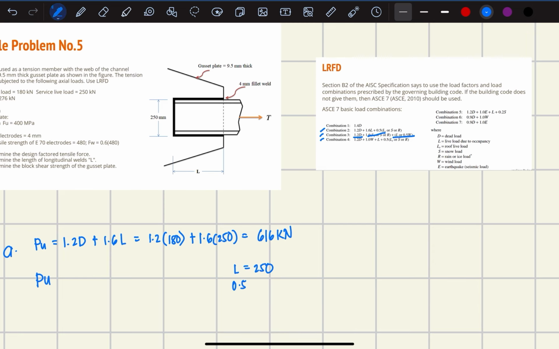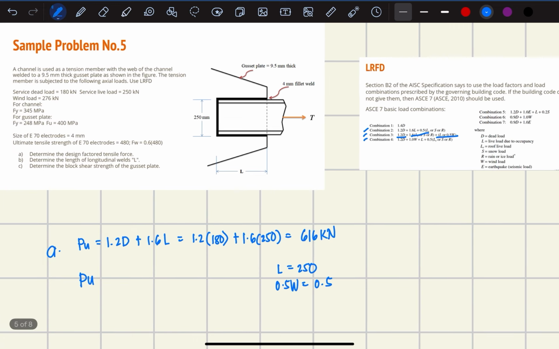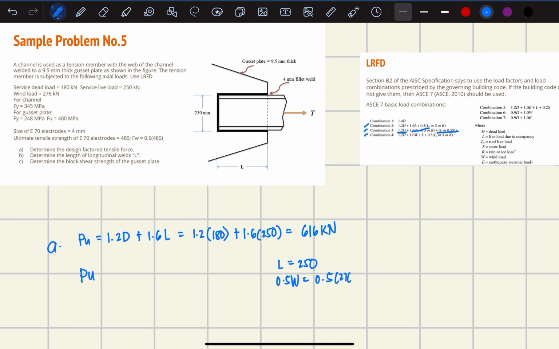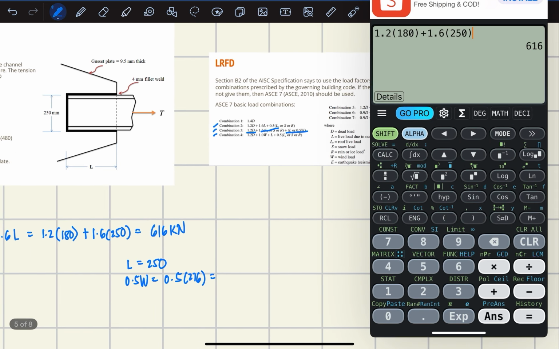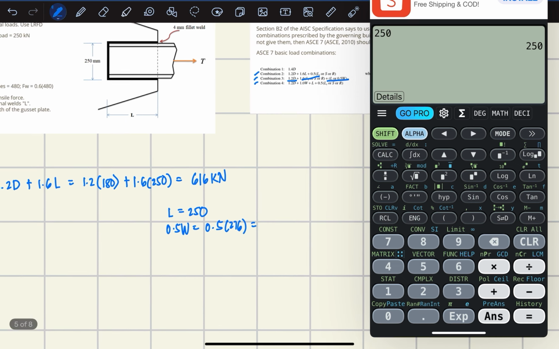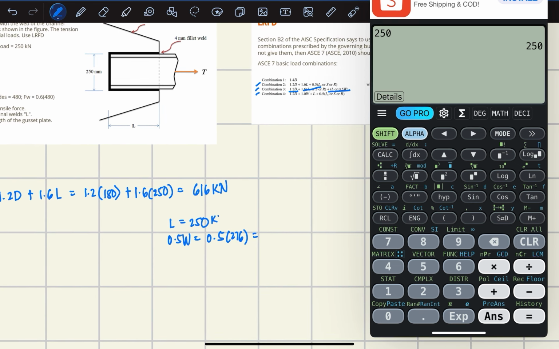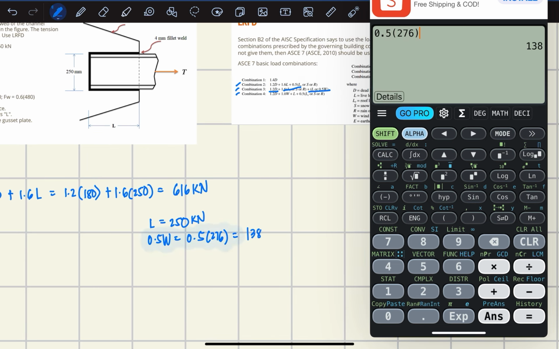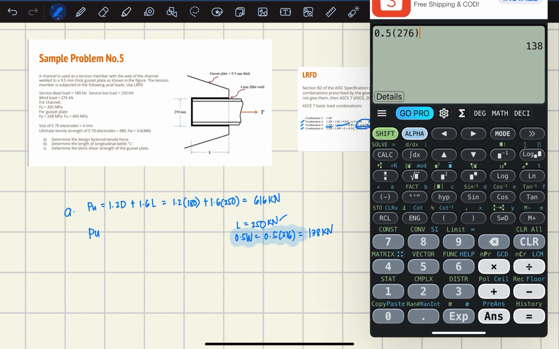Then, yung 0.5 naman na wind load, merong given na 276, so 138. Yung mag-govern dito between L or 0.5 W is yung live load na 250.